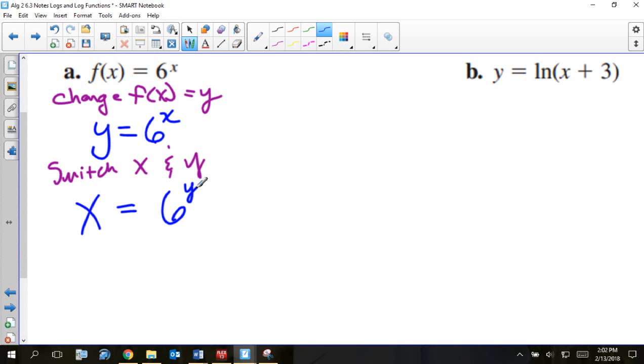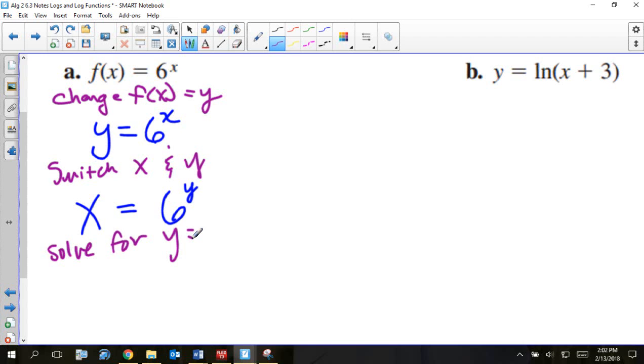From there, we solve for y. To solve for y, I have to do something to both sides of the equation that cancels out a base of 6 and just gives me y when I'm done. Whatever I do to get rid of that 6, I have to do to the other side.